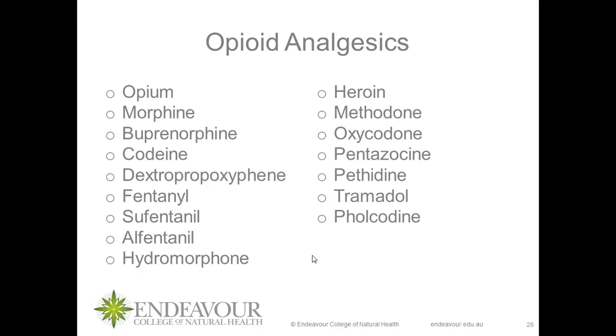So these drugs are then just called opioids. So consider this, opiates are opioids. Opioid is a more encompassing term, where an opiate is just one type of opioid. An opiate coming from the opium poppy.